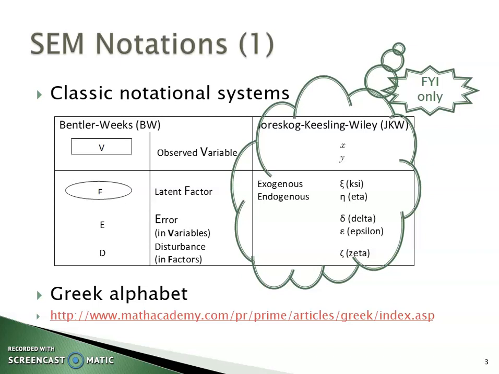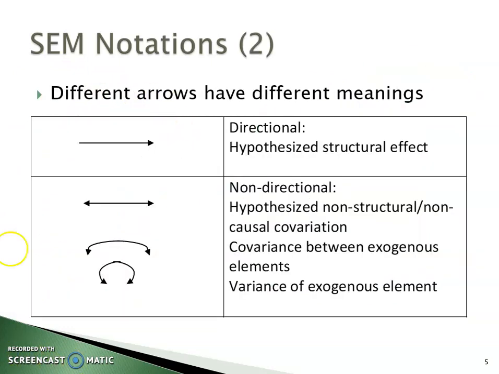So these elements, the factors, the variables, and the error and disturbance, need to be connected some way in the diagram. Here are the types of connections you will encounter in SEM diagrams.